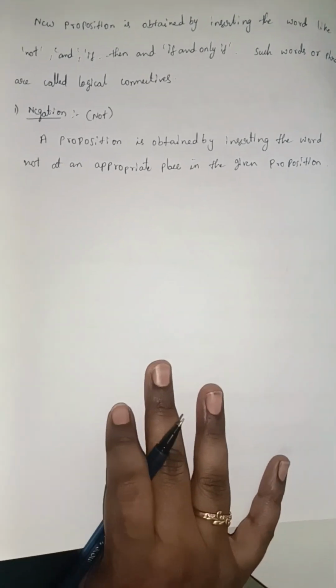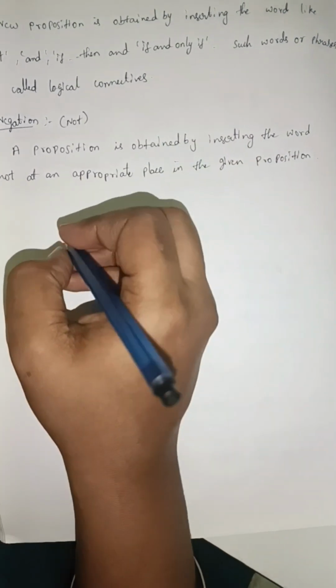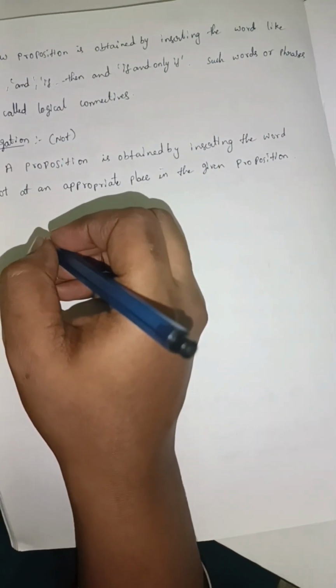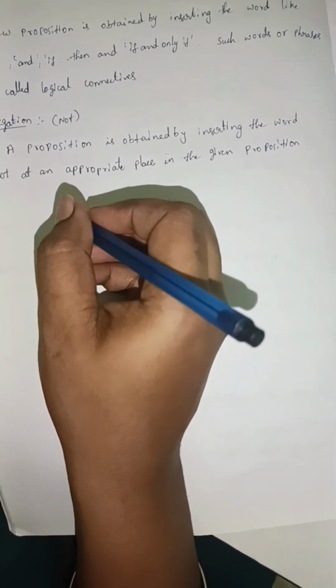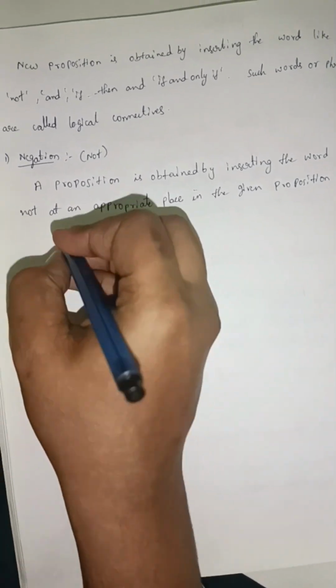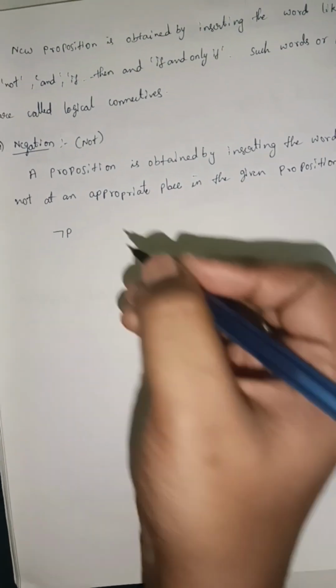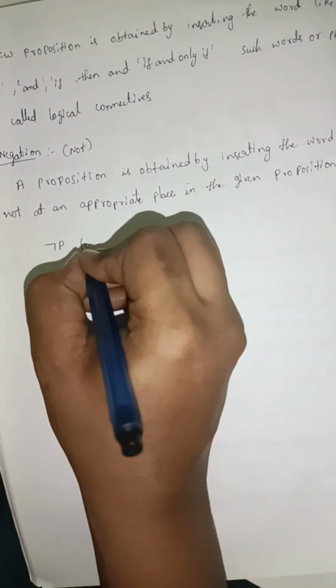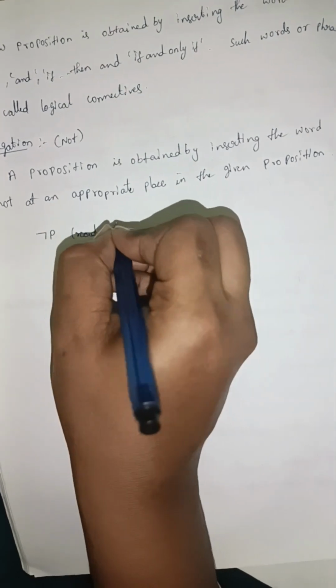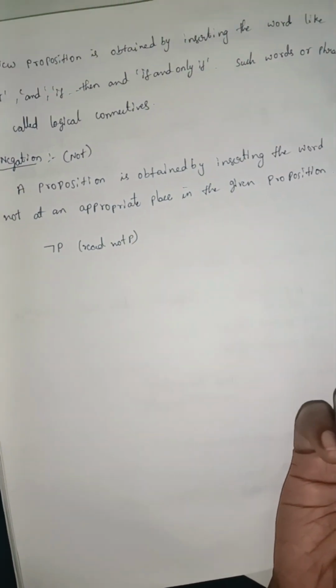Where to apply it is also important. The negation of the proposition P is denoted by this line, and it can be read as not P.